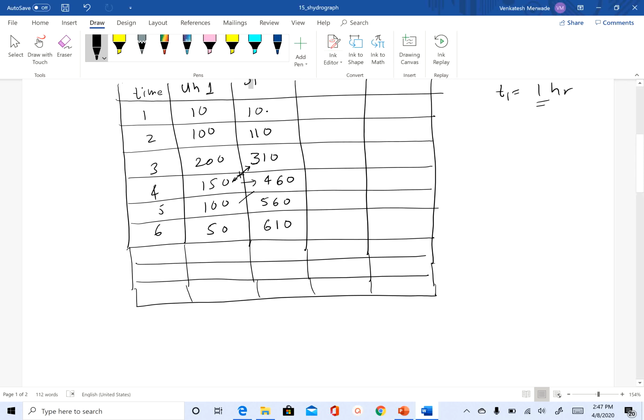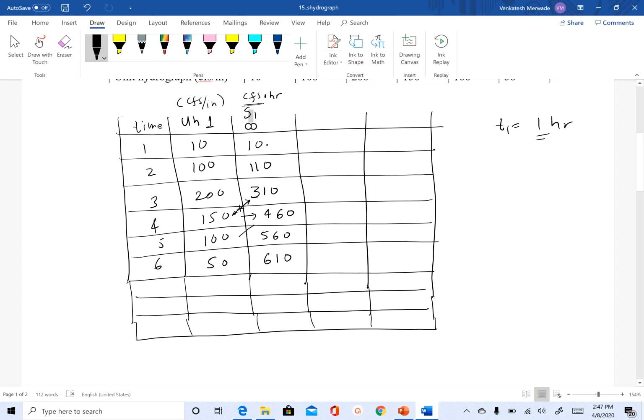So just to draw, maybe I can draw it here. What we have done here is we created this. This is our S1, and eventually after it reaches the peak it stays there, so that's the maximum volume we have.